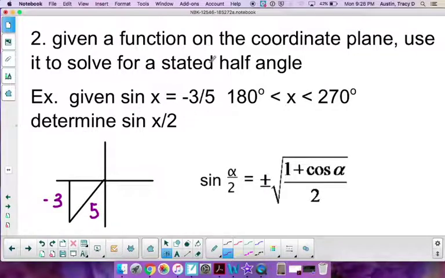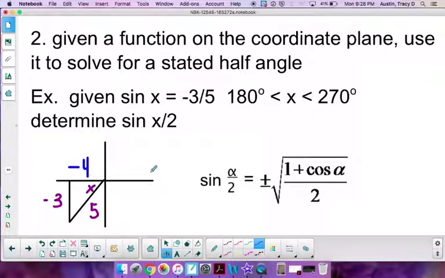Okay, so for our example, I've given you sine is -3 over 5, and then I'm in quadrant 3. Okay, so there it is, x, and the sine value is -3/5. Now, again, we've already talked about this. Half angles all use cosine. So you have to solve for the cosine of this angle using the Pythagorean theorem, and it is going to be -4/5.